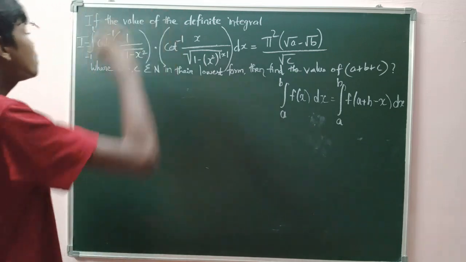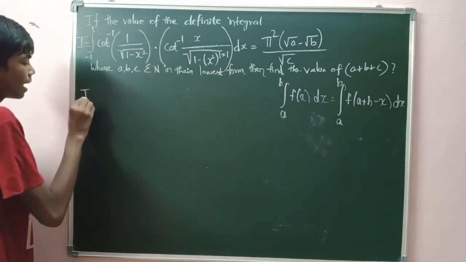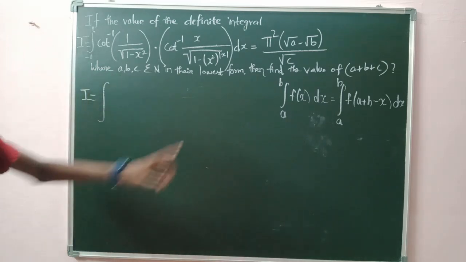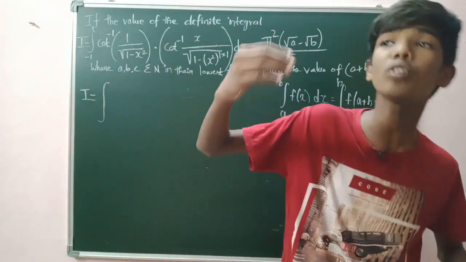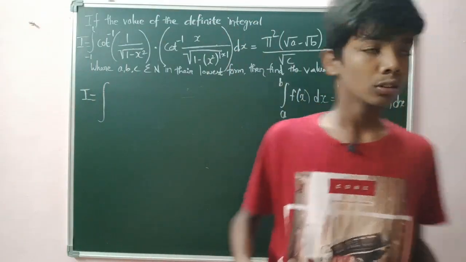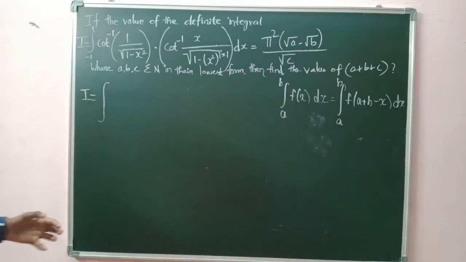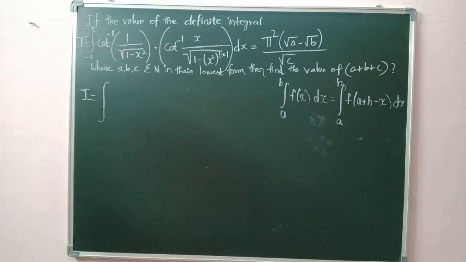So the same integral I can write as I equals the integral of f of lower limit plus upper limit minus x, which is f of minus x. To find f of minus x, just replace x by minus x.